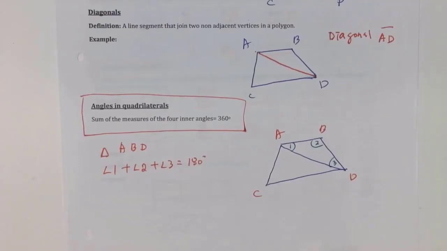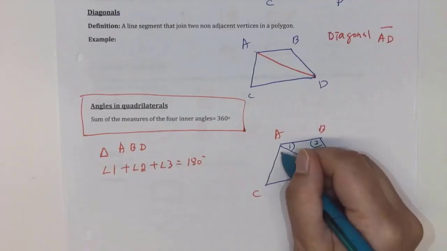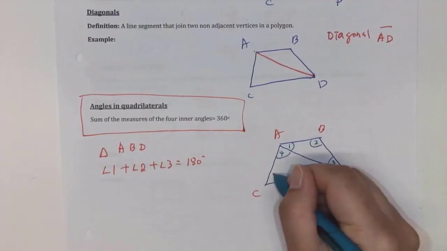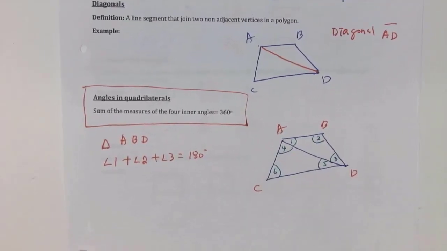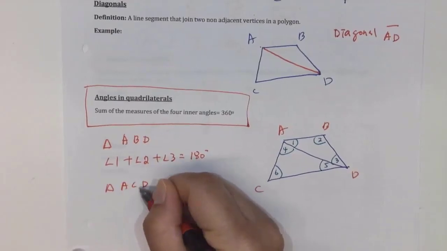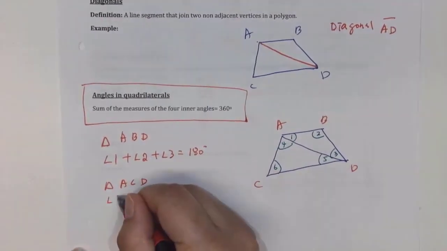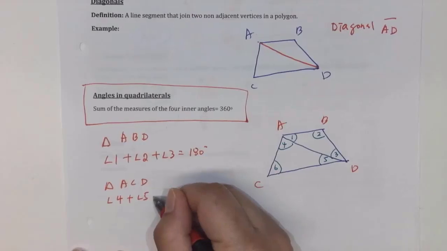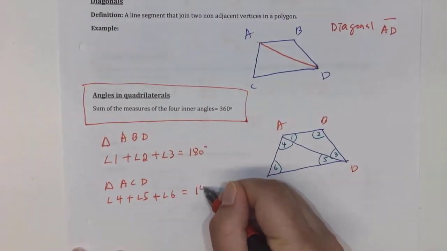Do you agree? Okay, and then I'm going to have a few more. I'm going to have 4, 5, and 6. 4, 5, and 6 should add up to 180 also, right? This is for triangle ACD. We will add up angle 4 plus angle 5 plus angle 6, also equal to 180.